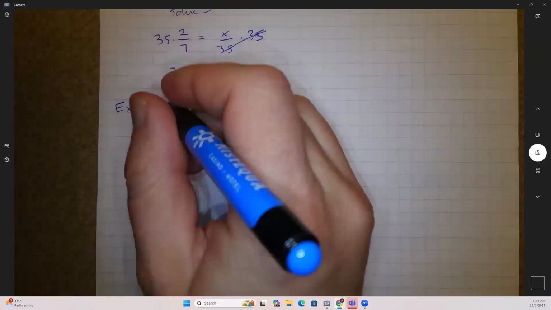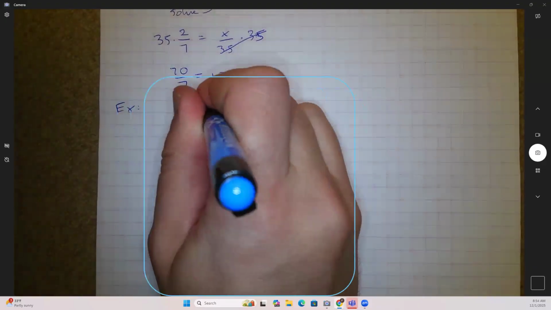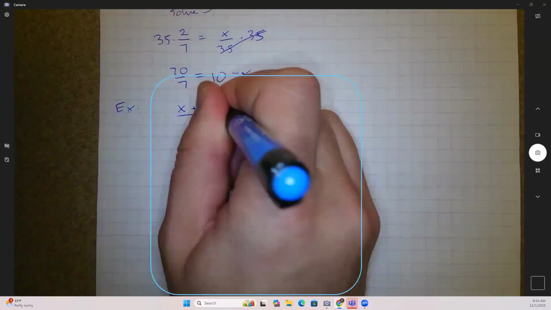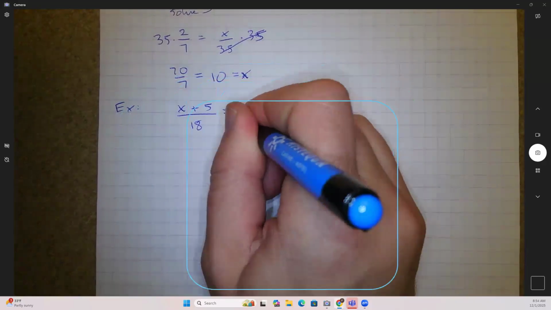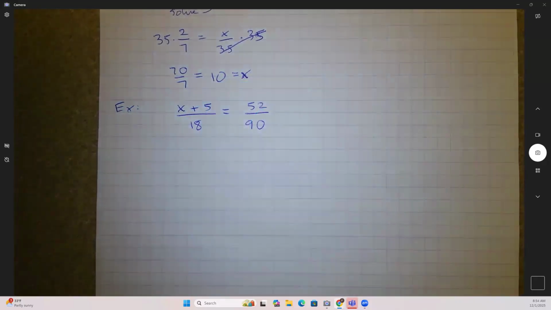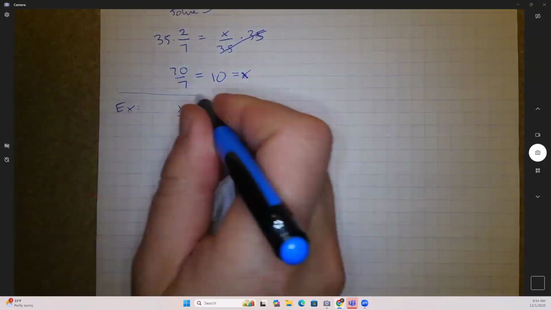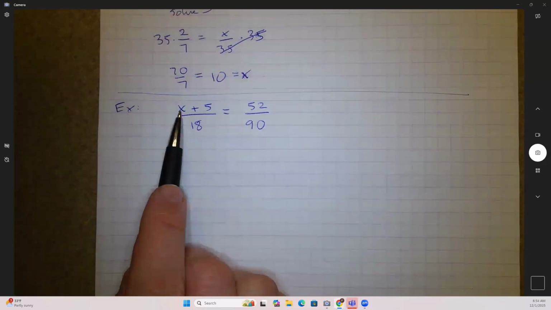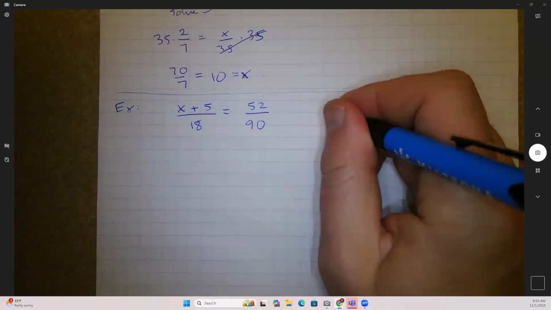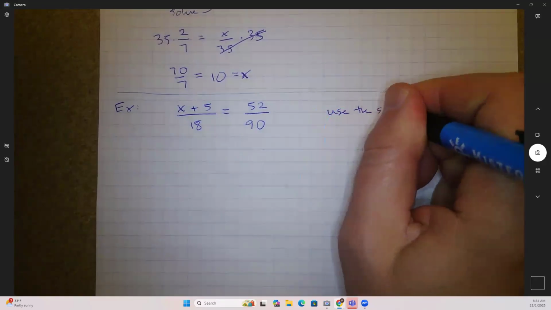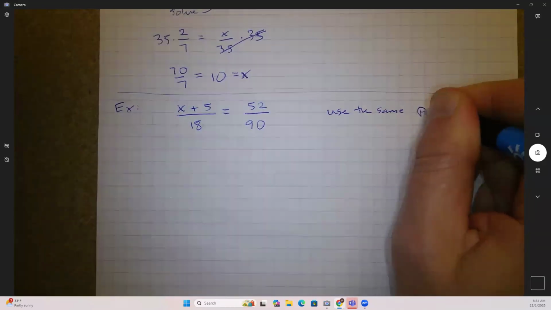Okay. So let's look at x plus 5 over 18 should be the same ratio as 52 over 90. Now the difference is it's not x all by itself. But I can still use the same procedure.